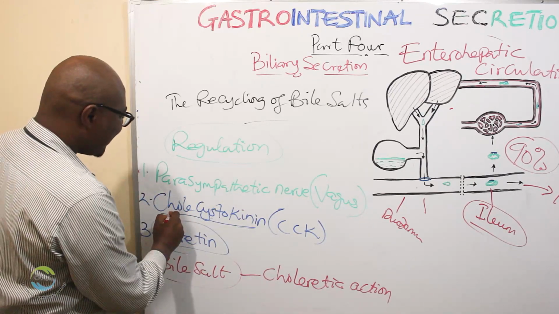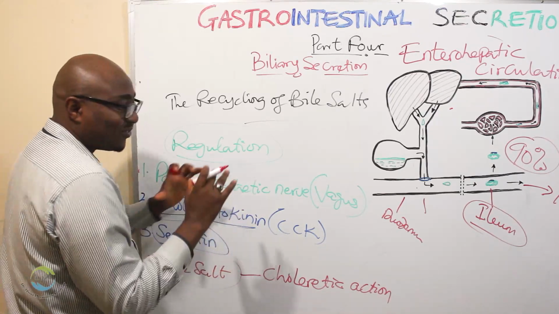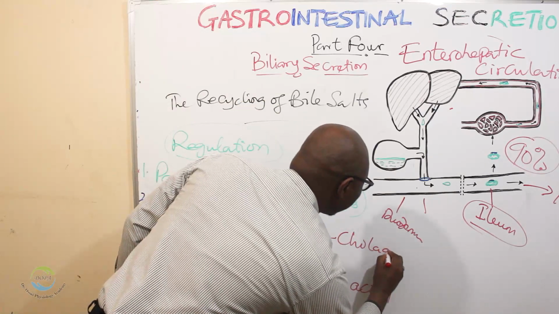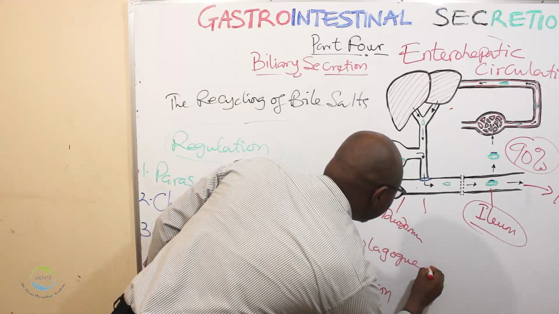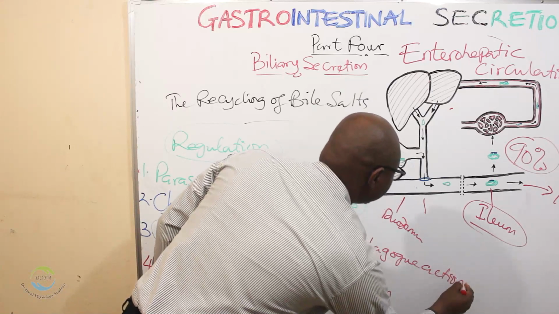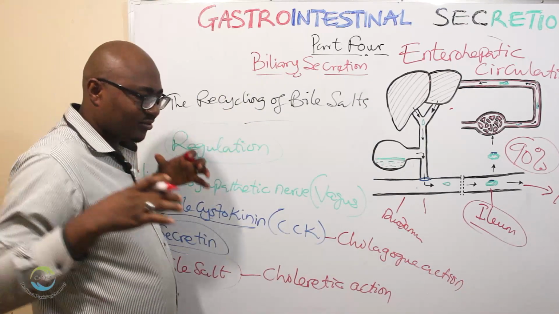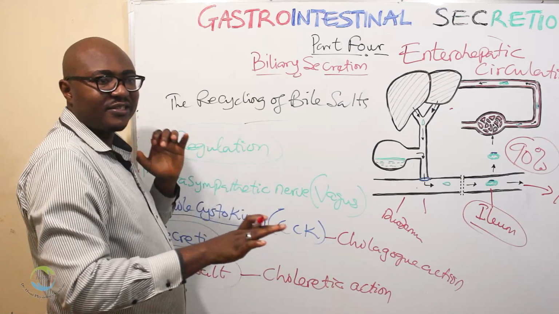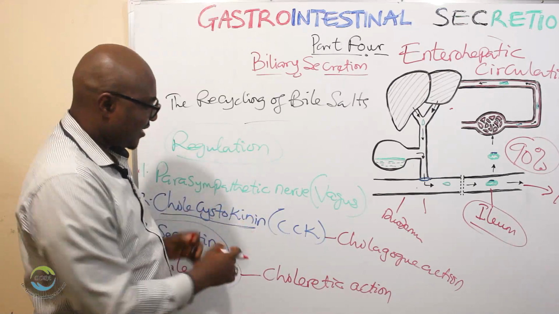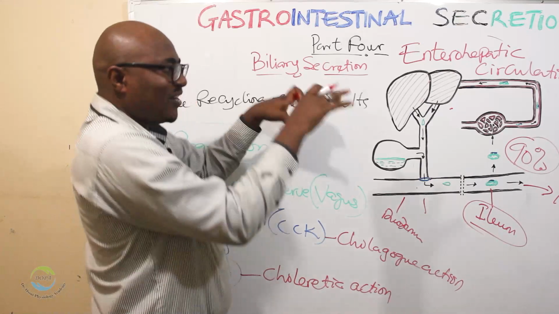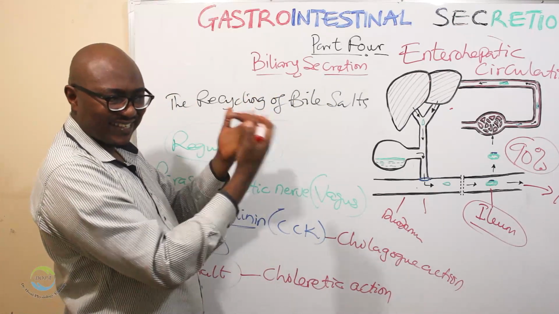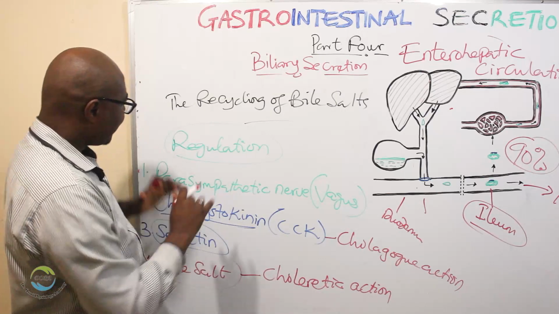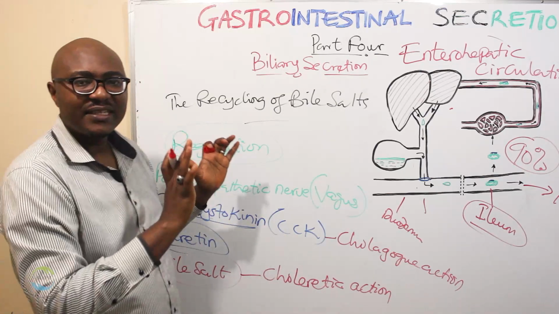So this cholecystokinin that helps to contract is called cholagogue action. So you have the cholagogue action, contraction of the gallbladder to secrete its bile. Then choleretic is stimulation of the liver to secrete bile acid. They are related, but slightly different. Okay? So this is how it is regulated.